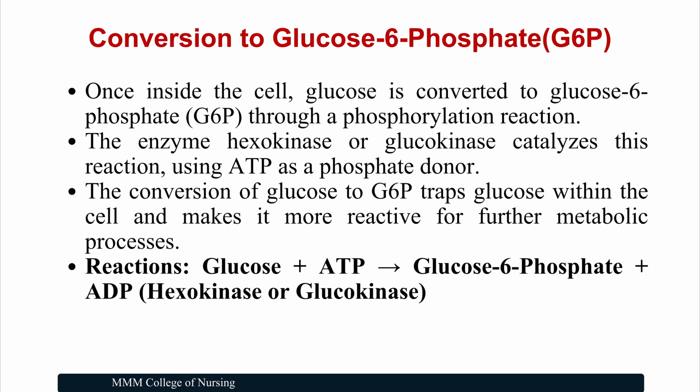It can go into glycolysis to make energy, or it can continue the pathway toward glycogen synthesis. So to say it simply, glucose plus ATP gives glucose 6-phosphate plus ADP, and the enzyme is hexokinase or glucokinase.